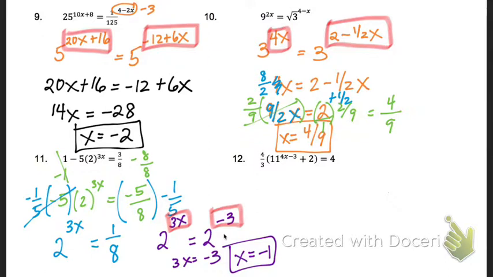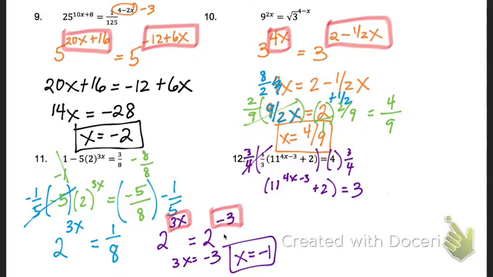Number 12, PEMDAS backwards. So the stuff in parentheses goes last. So what do I need to do first? If I want to get rid of that 4/3, I do what? Multiply by 3/4. Good. And I get 11 to the 4x minus 3 plus 2 equals what? 3.